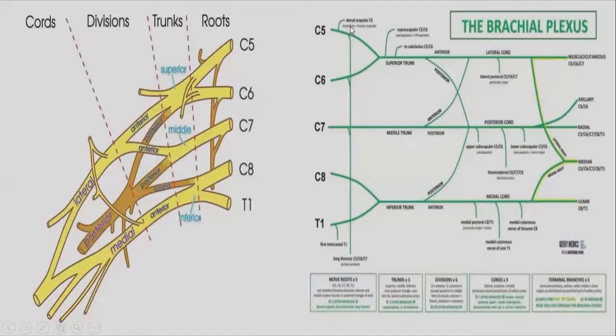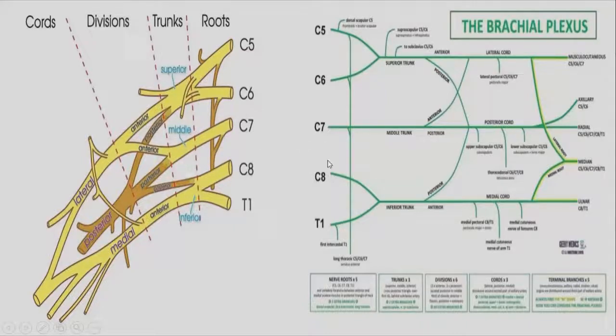For the rhomboid muscles, you have two: the rhomboid major and the rhomboid minor, and it also innervates the levator scapulae muscle. Then from C5, C6, and C7, you have another nerve.